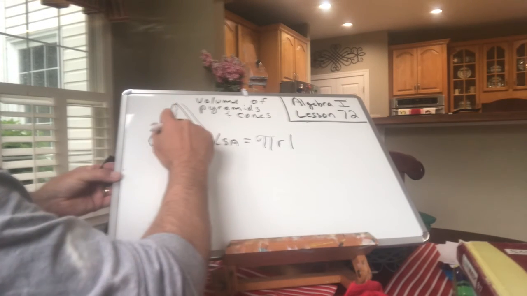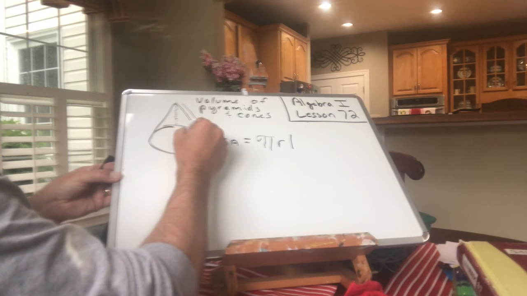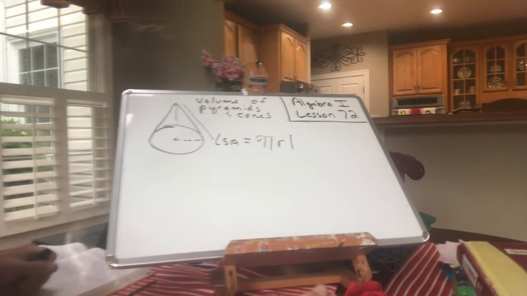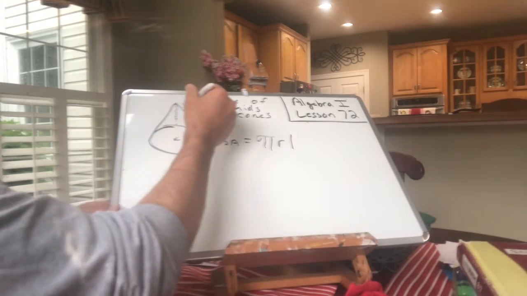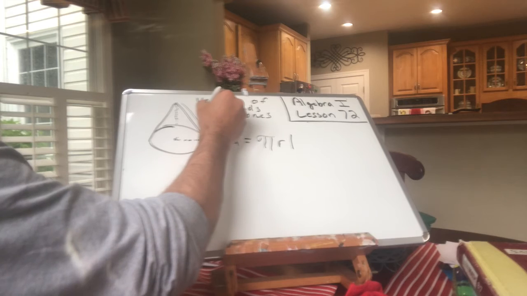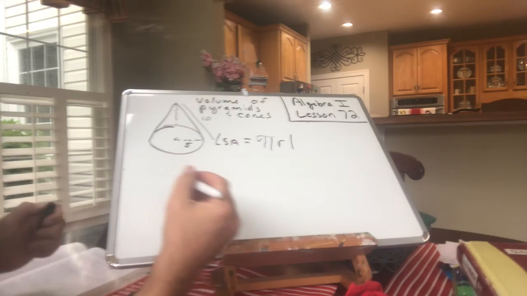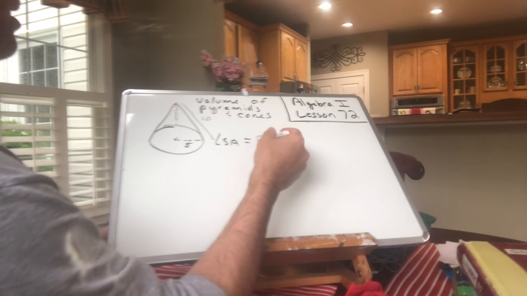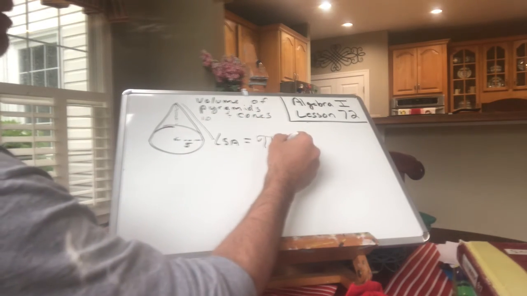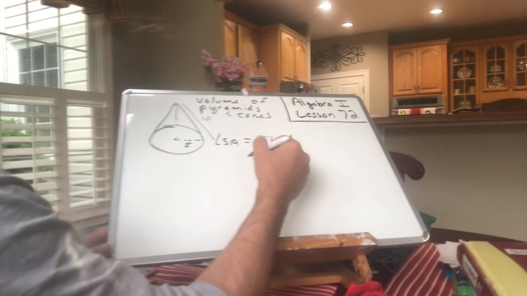So they will give you the radius, right? They'll give you that radius. We know what pi is. Now we need to find the slant. Just say it was 10 and this radius was 5, okay? So we have 5 times 10, right? This equals 5 times 10 times pi.